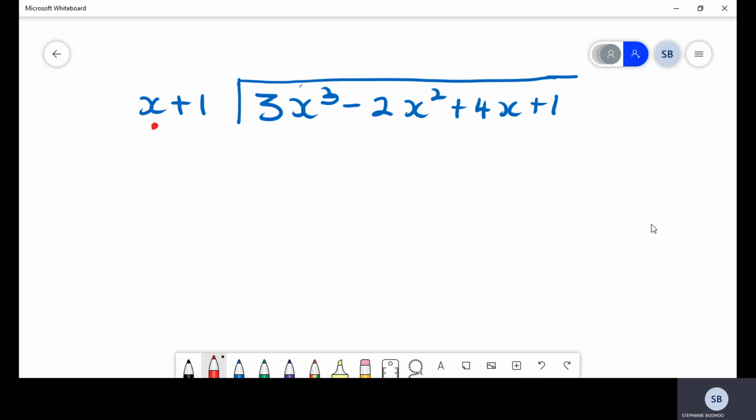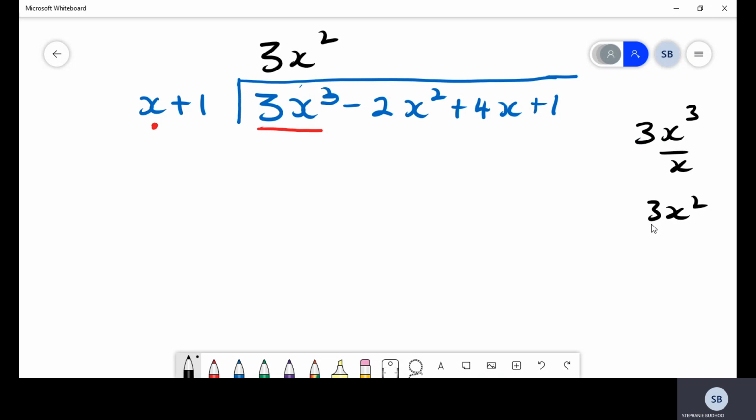Okay, so in our divisor, the highest power of x we have there is just x. So we are going to divide our 3x cubed by x. So if I were to set something to the side, 3x cubed divided by x simply gives us 3x squared.